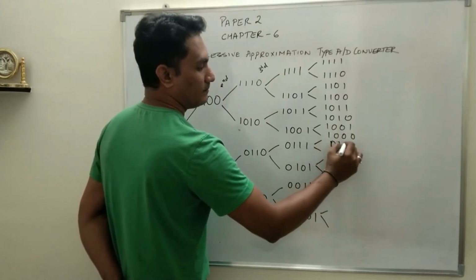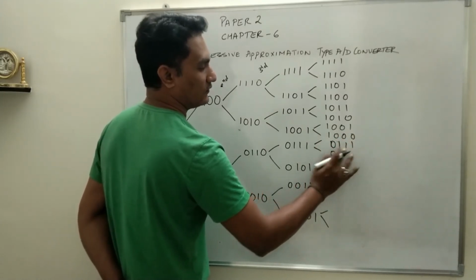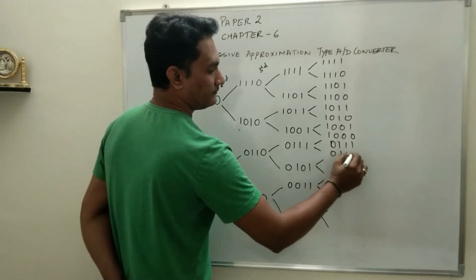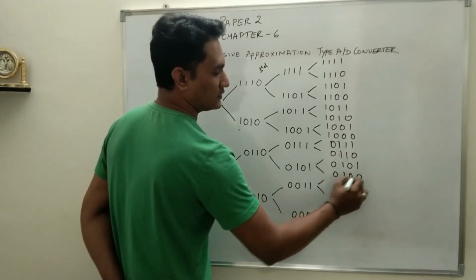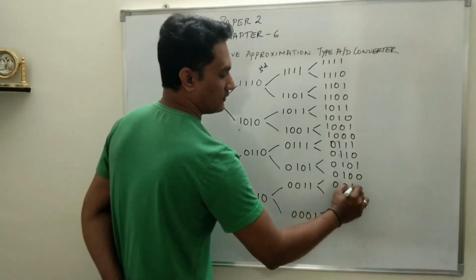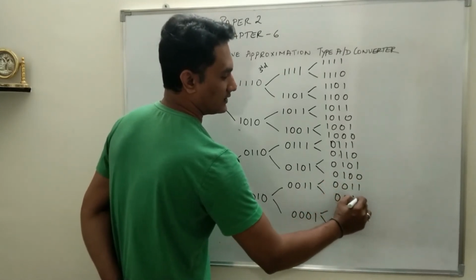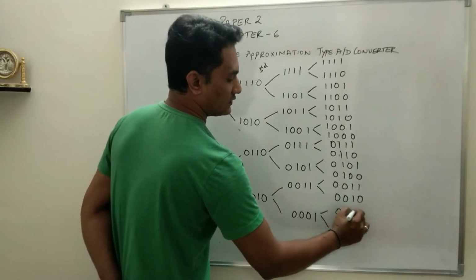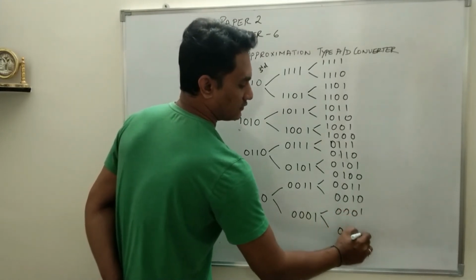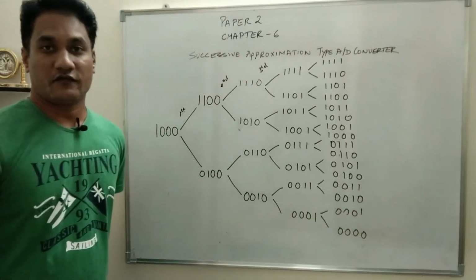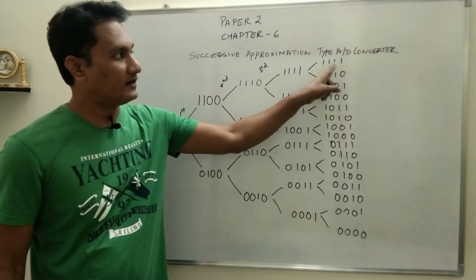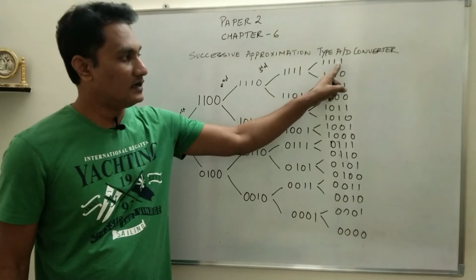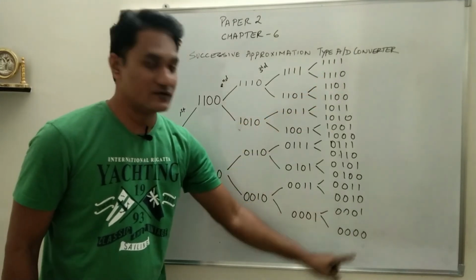Keep the 1 as it is, remove the 1. 0 1 0 1, 0 1 0 0, 0 0 1 1, 0 0 1 0, 0 0 0 1, 0 0 0 0. So at the end of the fourth clock pulse, what you can see is we have all the binary data from 1 1 1 1 to 0 0 0 0.